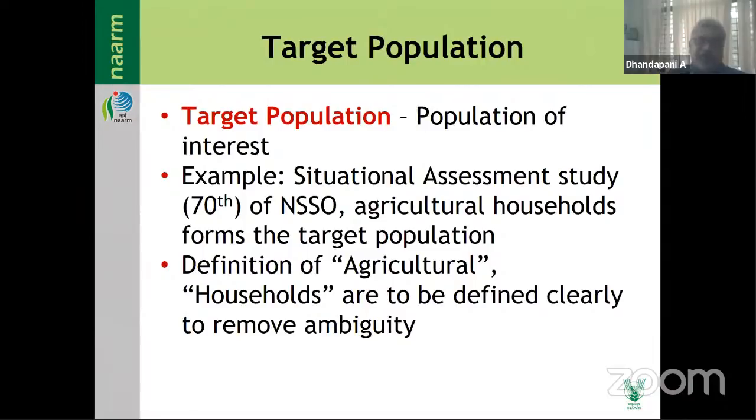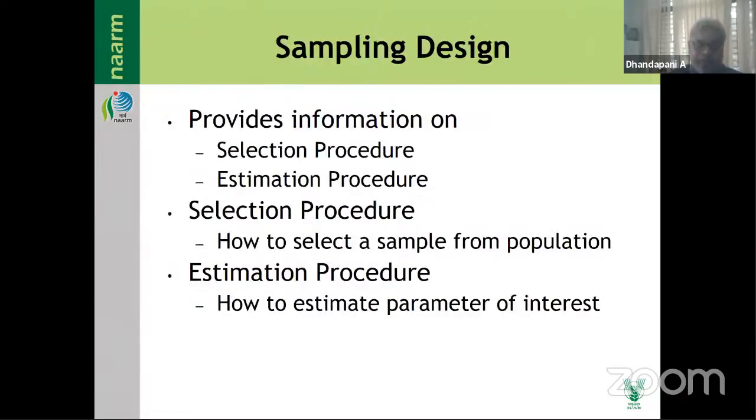For other decisions they may be individual, because a large family will have different ways of taking decisions. So you have to be clear about what you mean by household and by agricultural households. You should understand this and then proceed, because this will help you identify your target population.